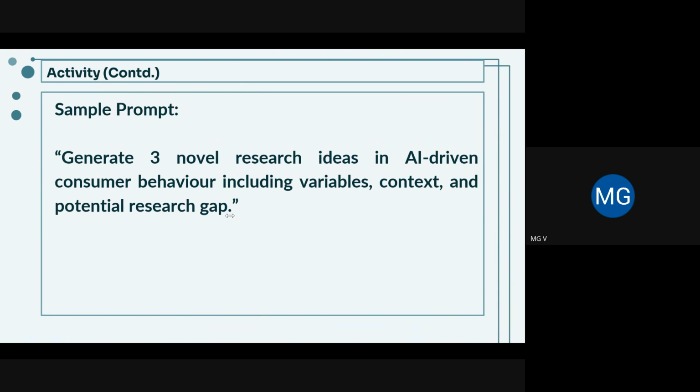So what we are trying to say here is that the generated research ideas can be: the impact of AI transparency on consumer trust in e-commerce platforms, the role of personalized AI recommendations in influencing impulse buying among Gen Zs, and the effect of data privacy concerns on adoption of AI shopping assistants.